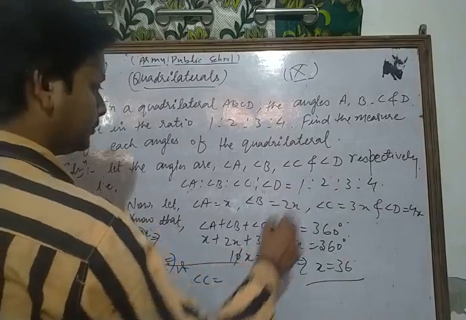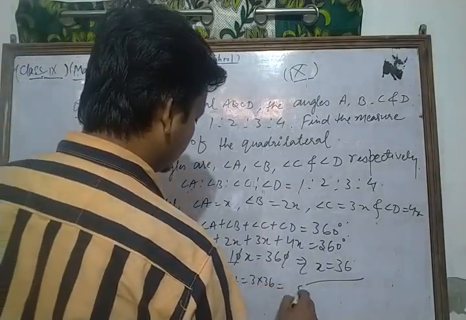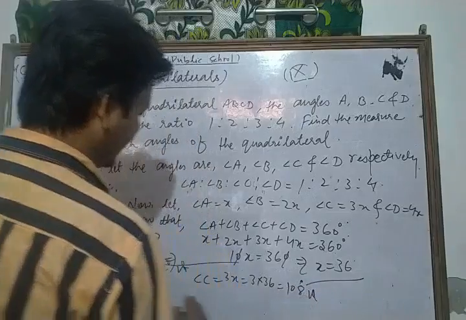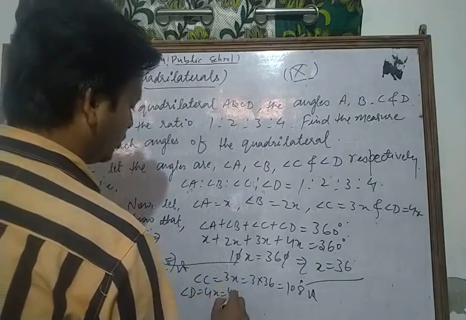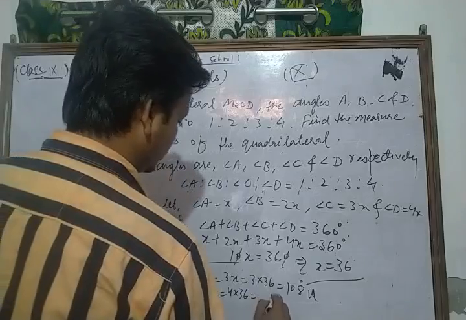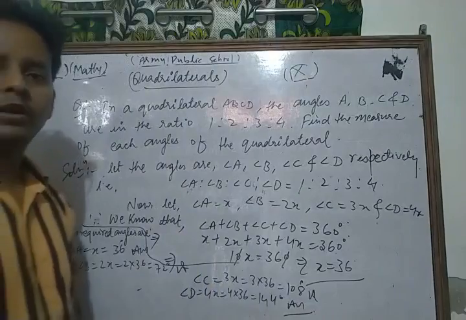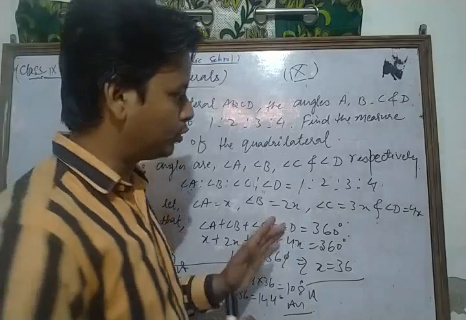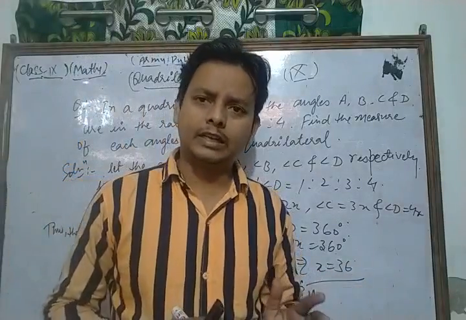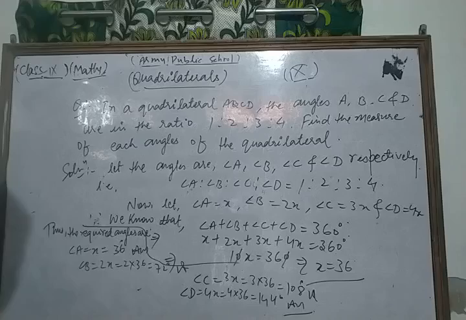Angle C is 3x, 3 into 36, 108 degrees, and angle D is 4x, 4 into 36, 144 degrees. So in this way we find all 4 angles of the quadrilateral. So please, dear student, do more and more practice of that type of question. After that you can solve each and every question of your NCERT exercise based on these topics.